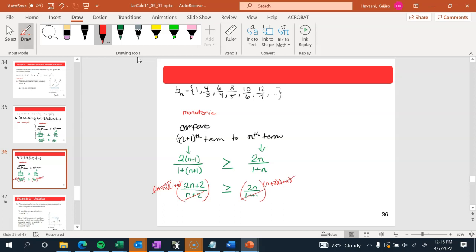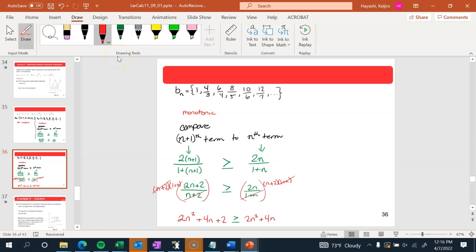And so what we end up with is 1 plus n times 2n plus 2, which, if you follow that out, ends up being 2n squared plus 4n plus 2. And on the right-hand side, that's going to be 2n squared plus 4n.